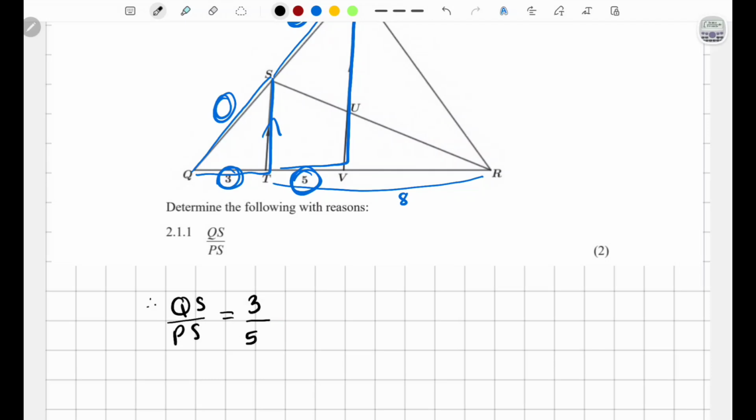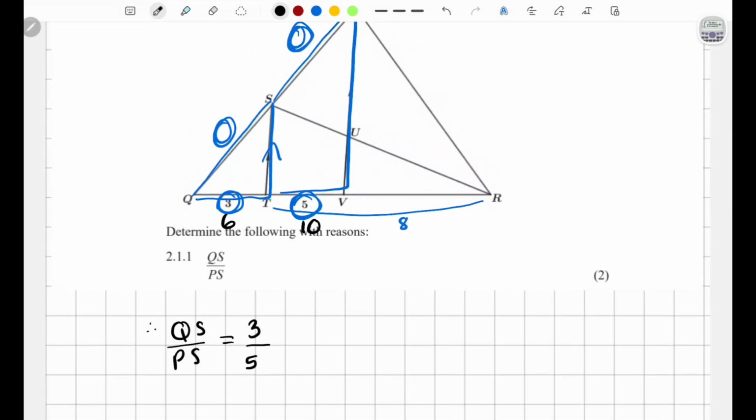Either way, even if this was 6 and 10, 6 over 10 would still have given you 3 over 5. The numbers that they gave you just don't simplify, but please don't mistake these numbers as ratios. They're actually the length of these lines. They just happen to also not simplify.